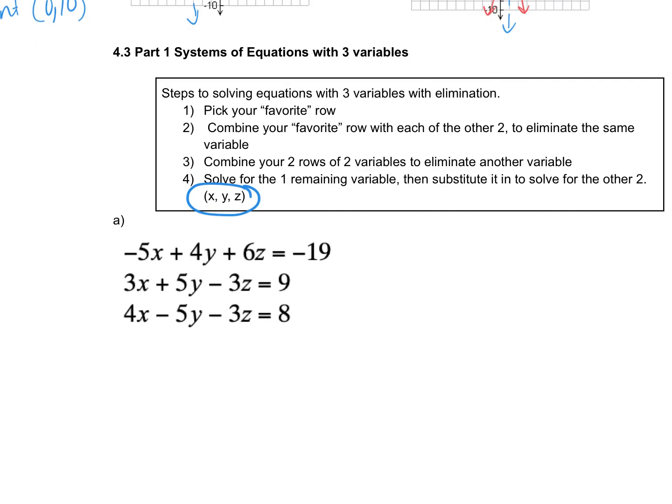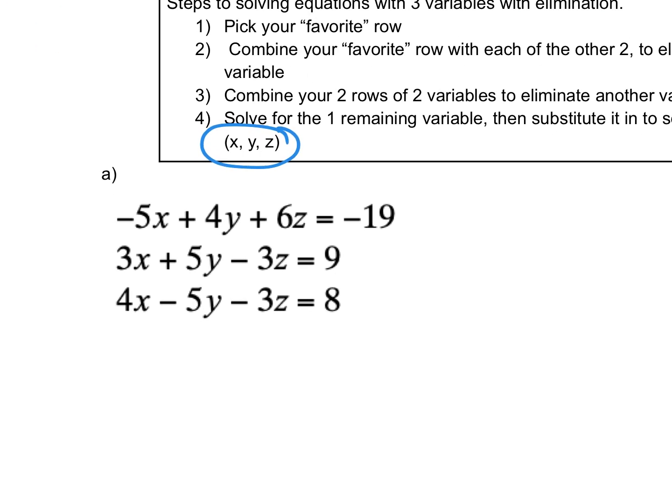Okay, there's a few different ways to look at this, but I first think which variable will be the easiest to get by itself, and I think z will. And here's why, because that's a positive 6z, the other 2 are negative 3s, and I know I can multiply those and they'll become something that will cancel. So I'm going to try to get the z's to cancel.